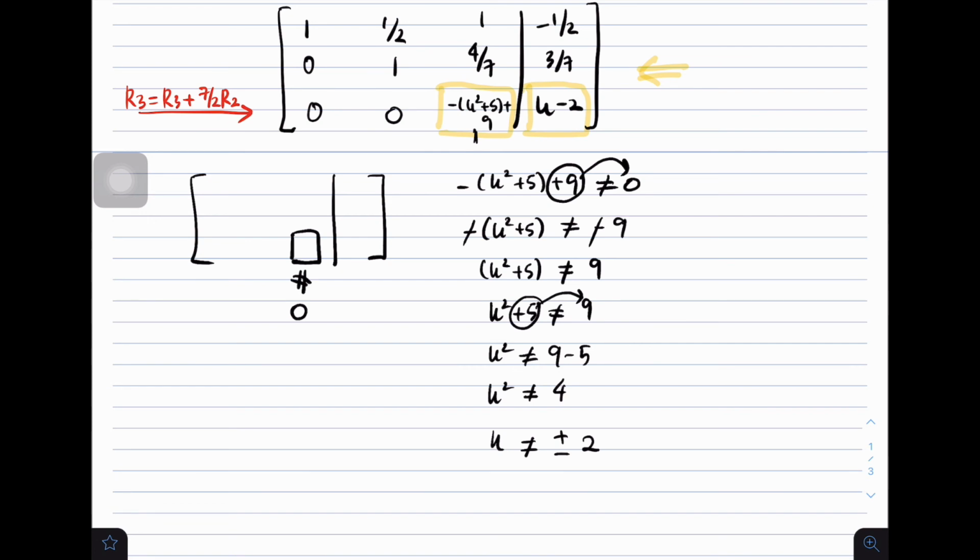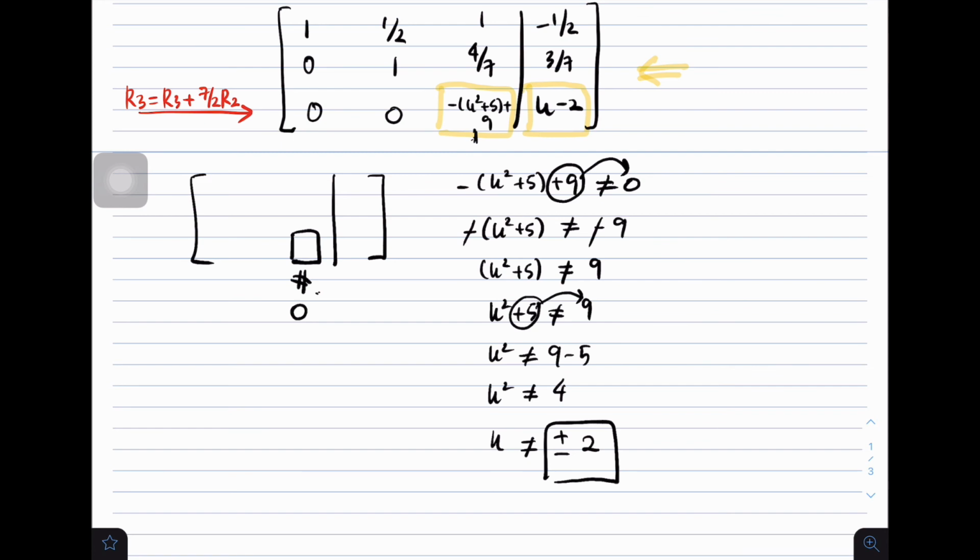Means that for our system to have a unique solution, we can have any value of k, but it cannot be equal to positive 2 and negative 2. Because positive 2 and negative 2 will give this one equal to 0. We cannot have that one equal to 0 to have a unique solution.